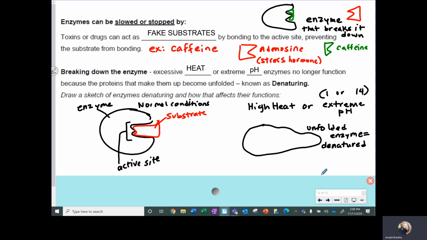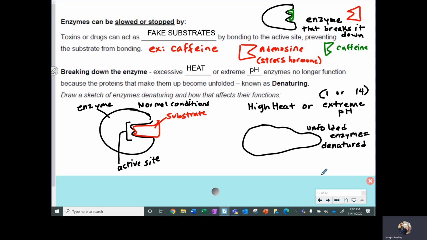And your body basically has an enzyme that breaks it down. Caffeine can block that, and by blocking it, it keeps adenosine levels high, which basically keeps you in a state of stress. And that's basically how caffeine keeps you active, because it's keeping you in a state of stress.